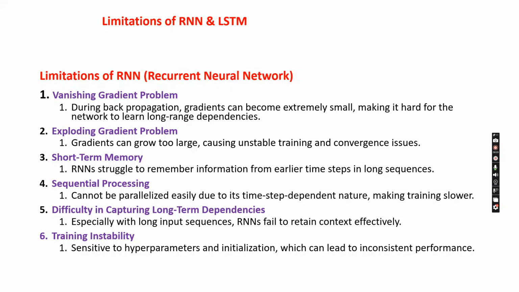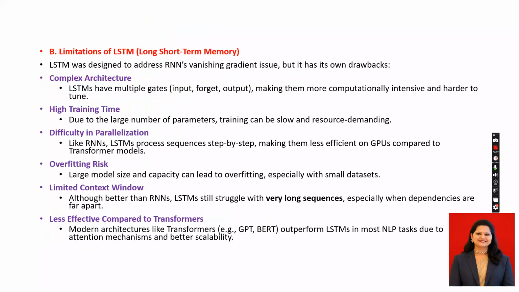Now next, moving forward to limitations of LSTM. Although LSTM addresses some RNN problems, it also has limitations. Its architecture is more complex because it contains multiple gates. Training takes more time because of the larger number of parameters. Like RNN, LSTM cannot efficiently perform parallel processing.